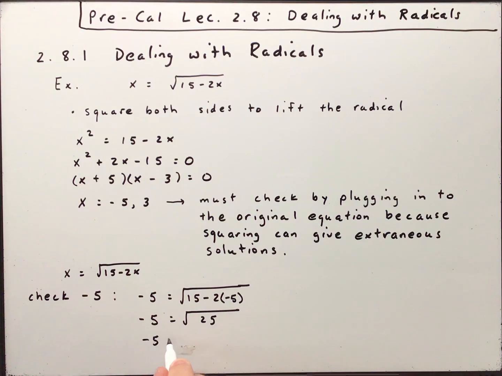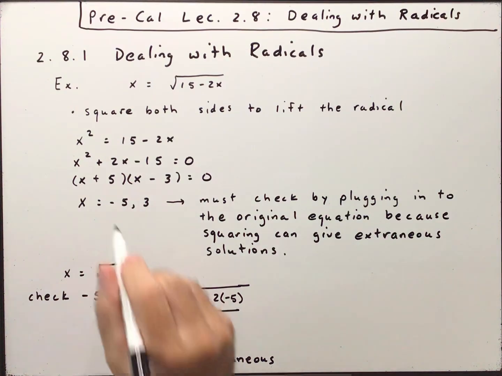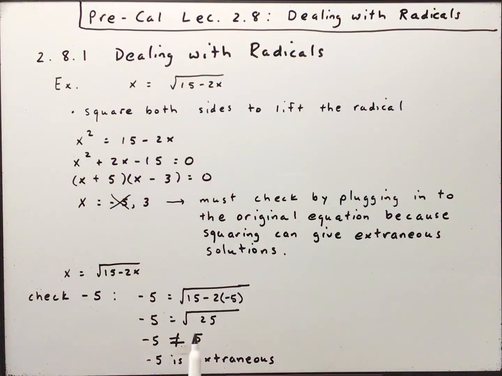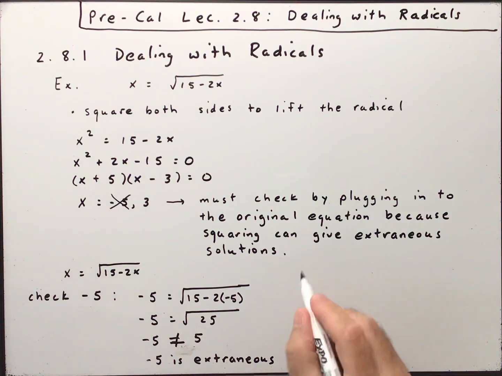So negative 5 equals 5. That doesn't work, does it? So not equal. So negative 5 is extraneous. Now you have to show that you checked it. All right, but we can go ahead and cross out negative 5. That's a way you can show me it's extraneous, but you do have to show me this math.